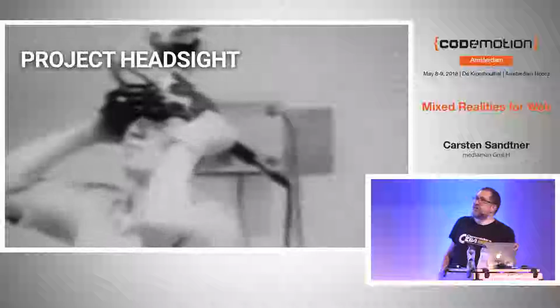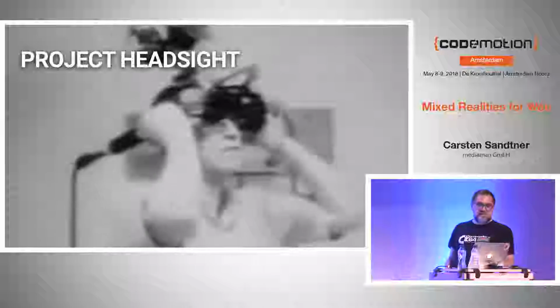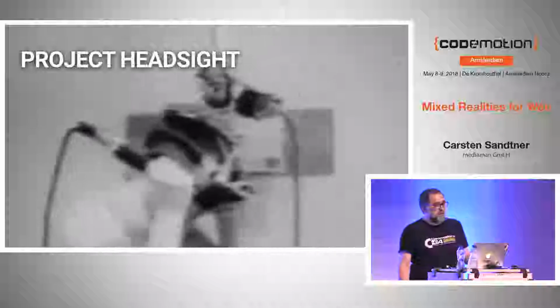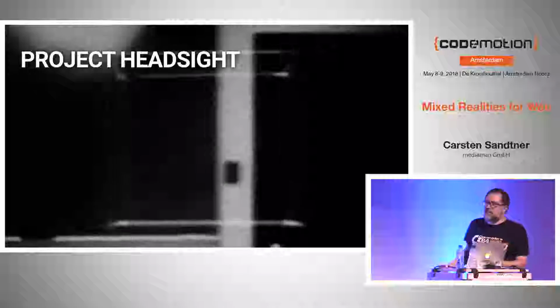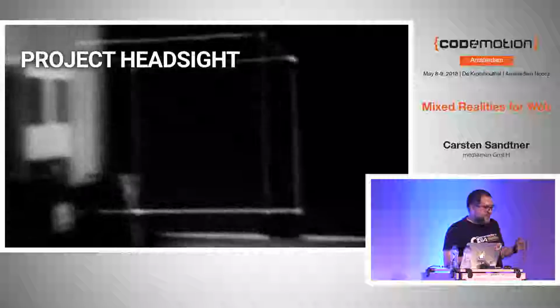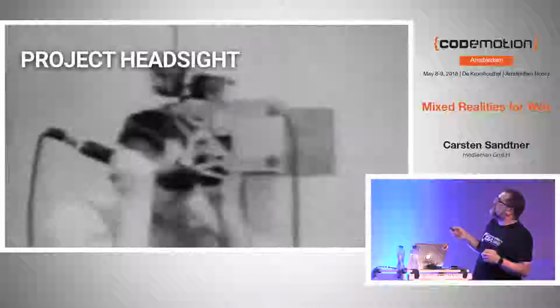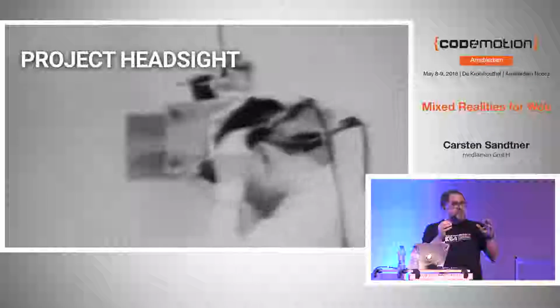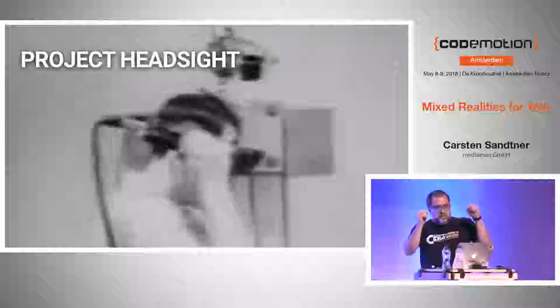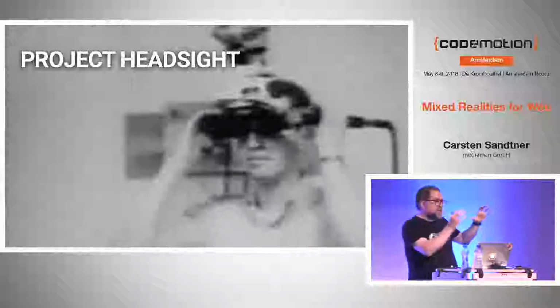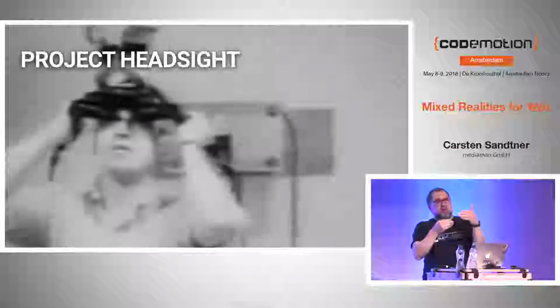Then Project Headsight. This was a project in 1961 where it was some kind of head-mounted display. This is a cube with a laser projection in the room. So the man who's using this display could see this cube, and it was at the time the first augmented reality.